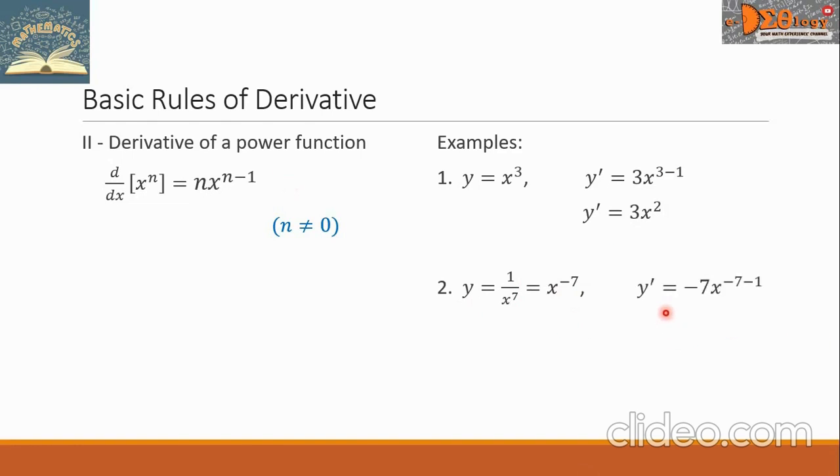So our y prime here equals negative 7, that is the power that will come down here as coefficient, times x raised to negative 7 minus 1. So in the exponent, the negative 7 minus 1 becomes negative 8. Putting this negative exponent into positive exponent, we have our final answer as y prime equals negative 7 over x raised to 8.